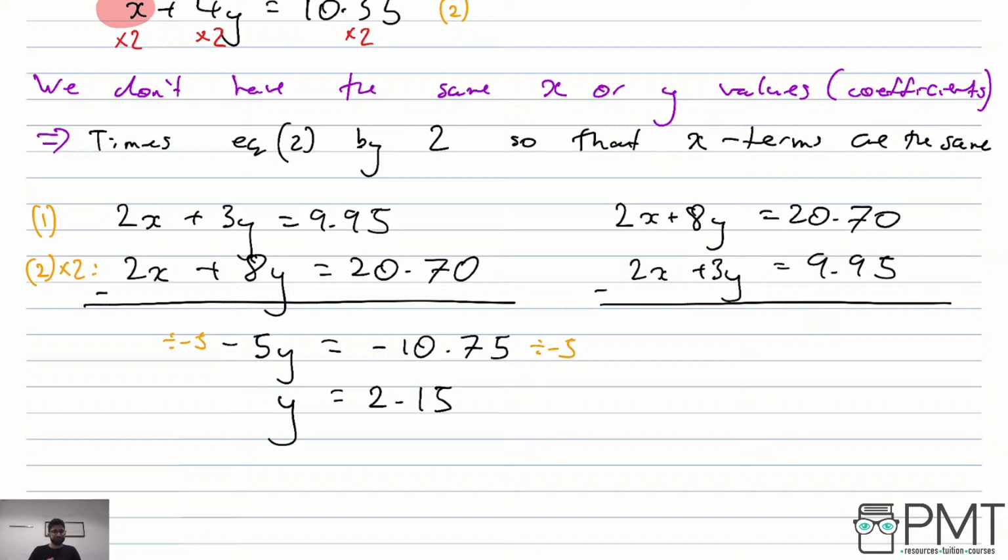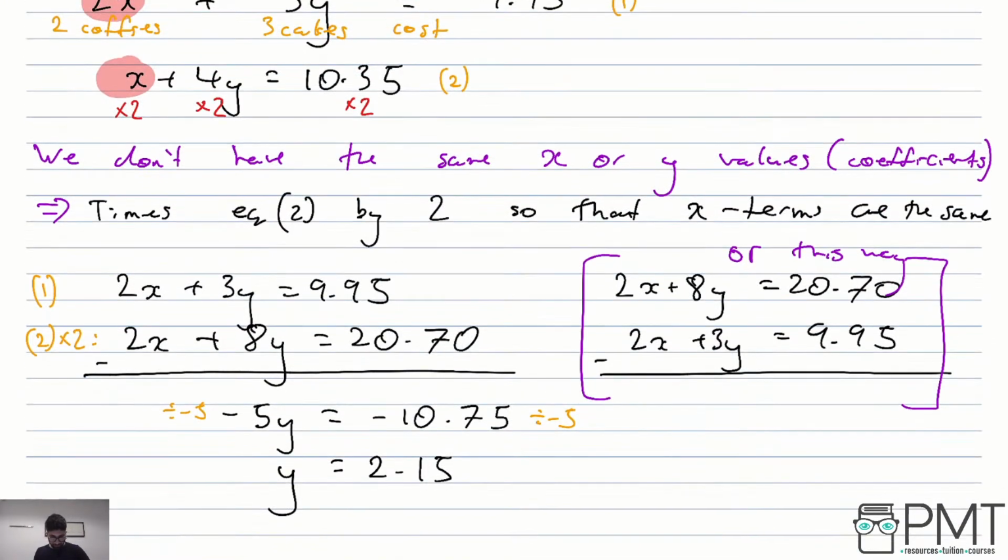So y is 2.15. We said you could do this alternatively or this way. And then you need to sub into one of the equations.